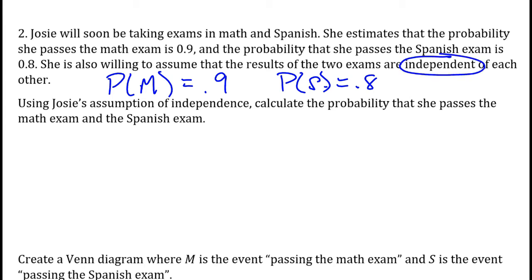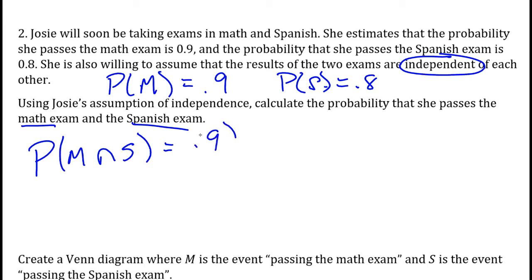So because I know they're independent, I can find the probability that she passes math and Spanish. Because we assume they're independent, all we have to do is multiply those two probabilities together. So the AND probability is 0.72.